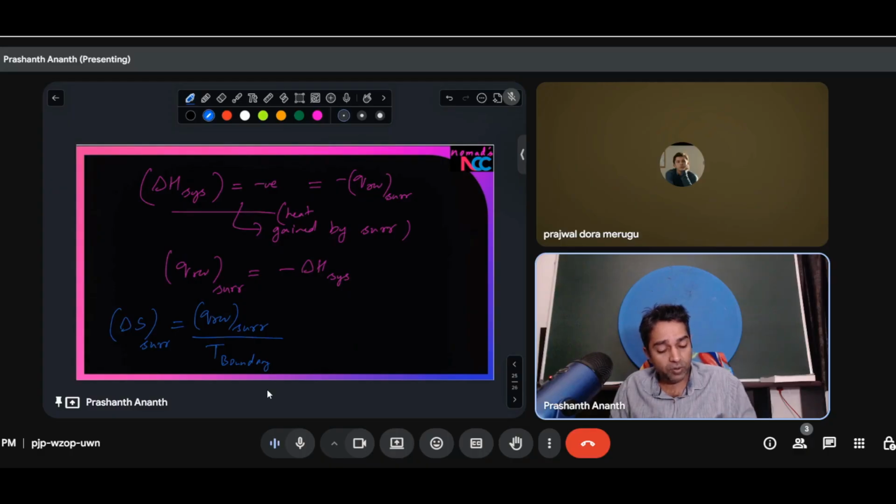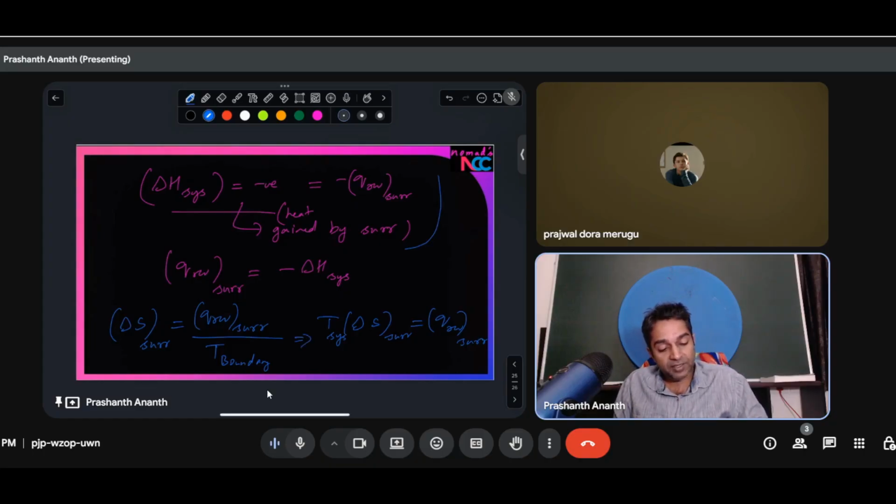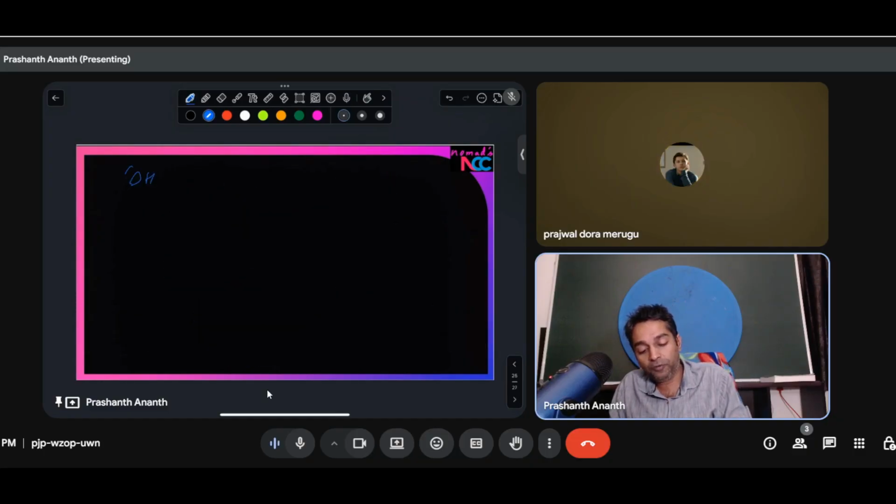Which means temperature at boundary is nothing but temperature of system. So temperature of system into delta S of surroundings can also be written as Q reversible of surroundings. Correct? Yes. Mathematically this makes sense.